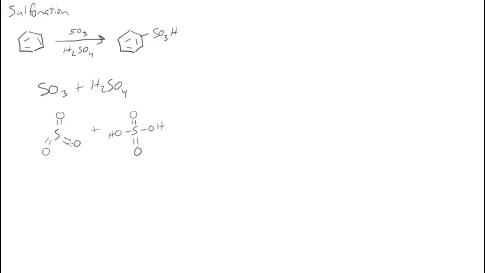So the question you always want to ask yourself when you're looking at a reaction is who has electrons and who wants them. The proton is going to be given up, so that's going to be who wants them, and who has them are all these bonds between sulfur and oxygen.